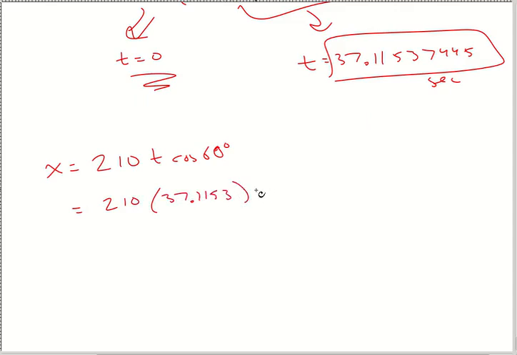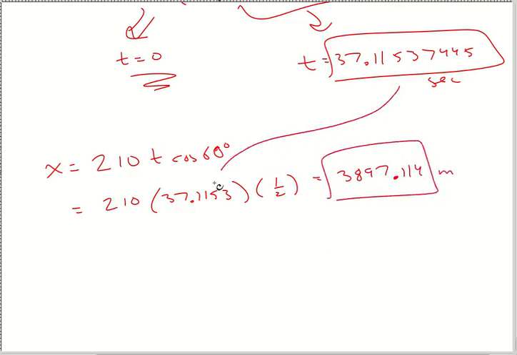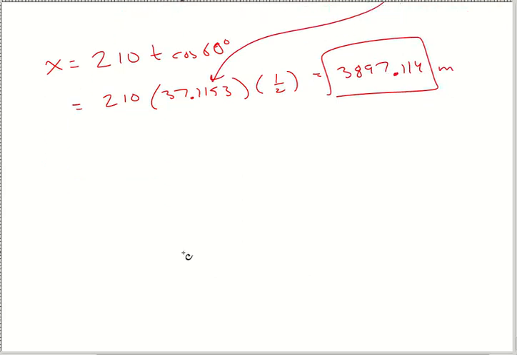I'm just going to put the shorthand here. And there's a half. Do some math. 3897.114 meters. There you go. I would put the entirety of that in there, by the way. So this is my range. That's how far it went, which is pretty far.